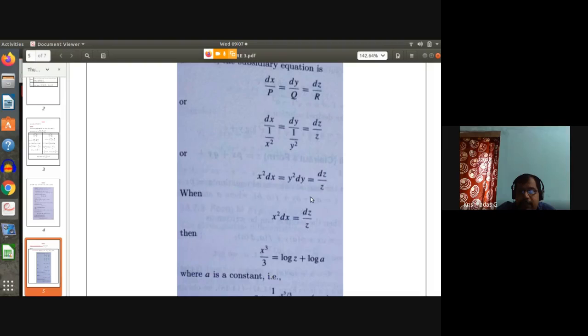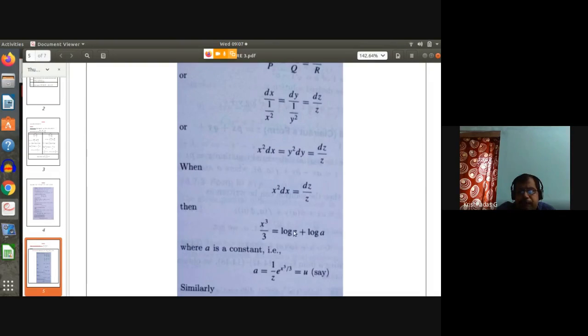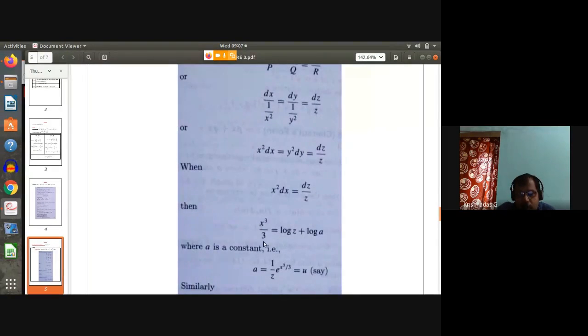Okay, so x cube by 3 equals log z plus log a. I am taking exponential on both sides. So what we get at this step is e raised to x cube by 3 equals e raised to log z into a constant.